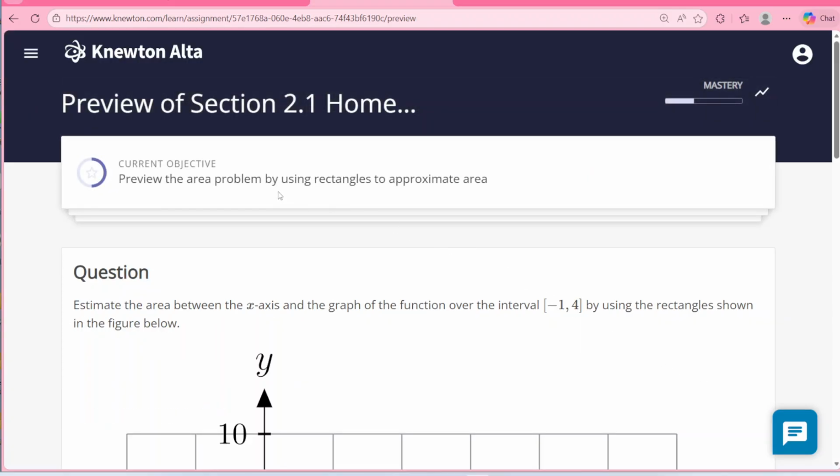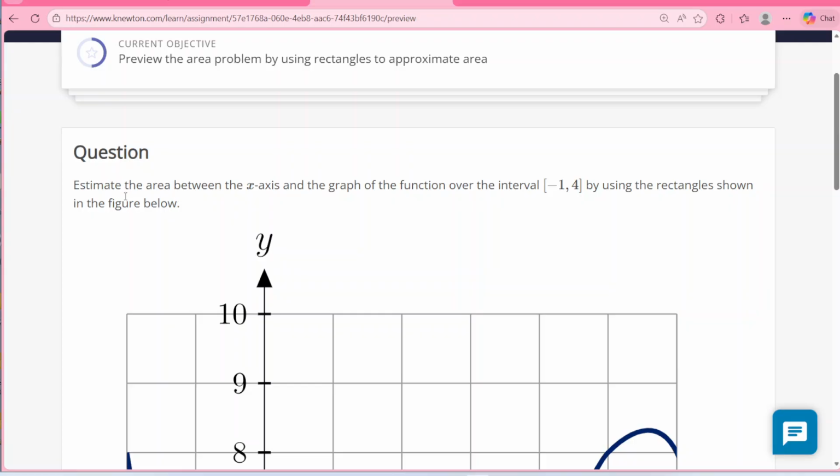All right, so back to the easy one, the area problem. So this is no different than earlier. It's a different interval. This is once again estimate the area between the x-axis and the graph of the function over the interval from negative 1 to 4 by using the rectangles shown in the figure below.